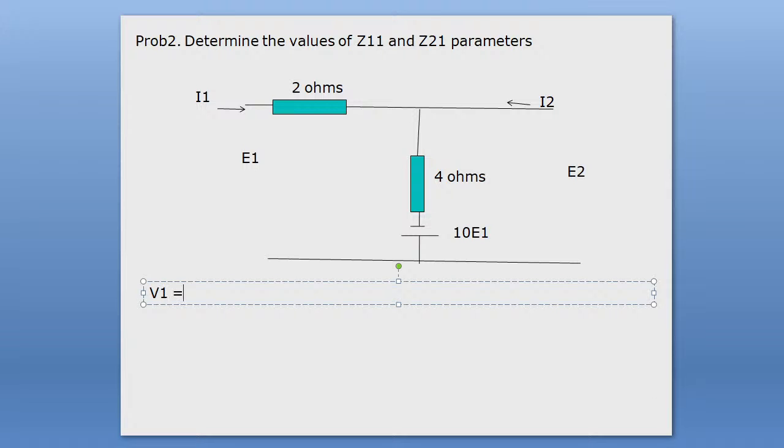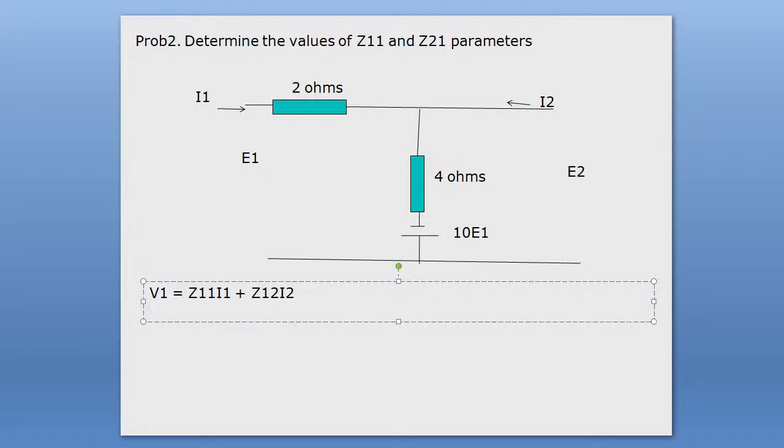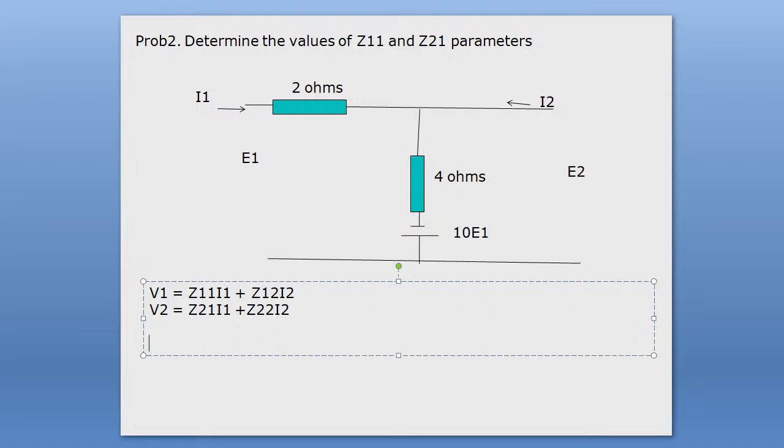So V1 can be written in terms of Z11 I1 plus Z12 I2, and you also know that V2 is equal to Z21 I1 plus Z22 I2. Okay, these are the two network equations for this two-port network.